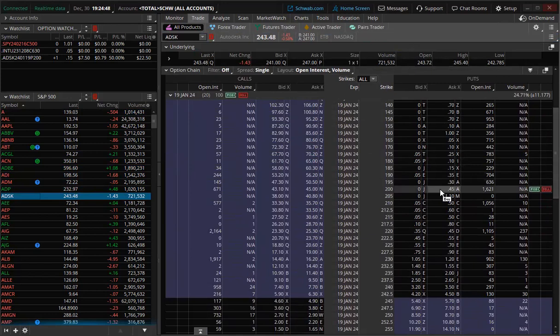So here, now with ADSK, I saw open interest 1621 and NA for the volume.